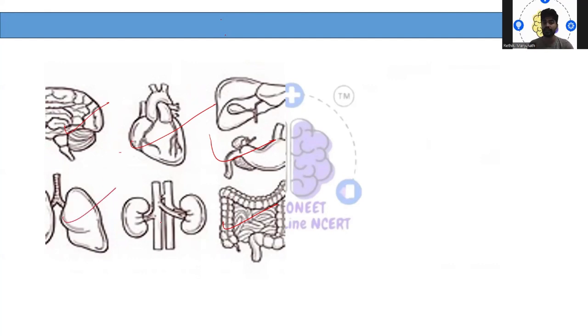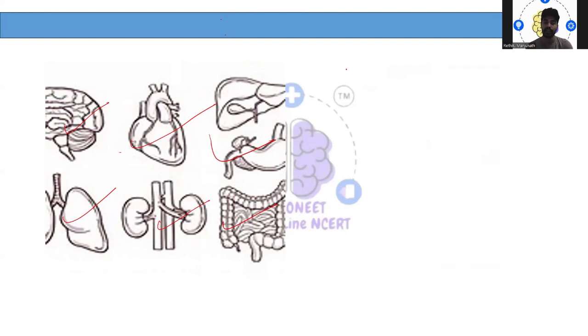There are kidneys, which act as filtration. They all perform individual functions, but they coordinate together. Hence, we call it the organ system level of organization.